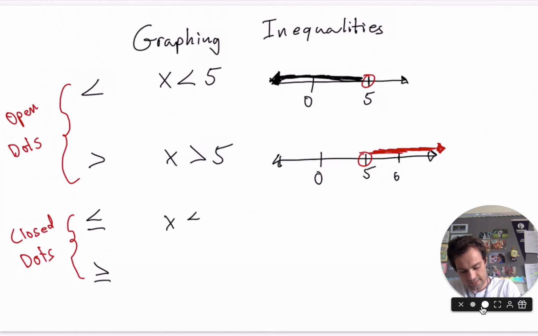X is less than or equal to 4. So on a number line, if we graphed this, at 4, it would be a closed dot because we are including 4, and it is everything to the left.